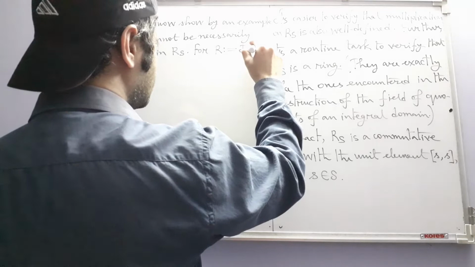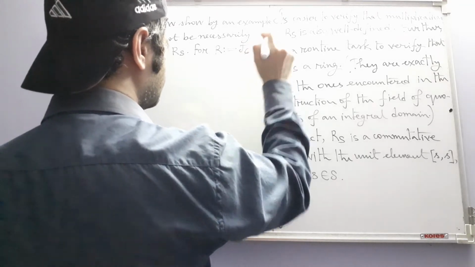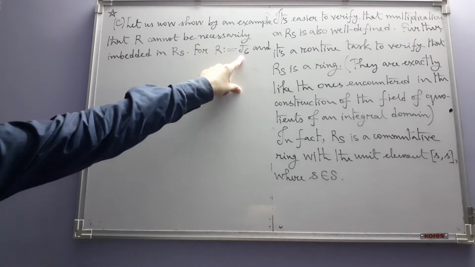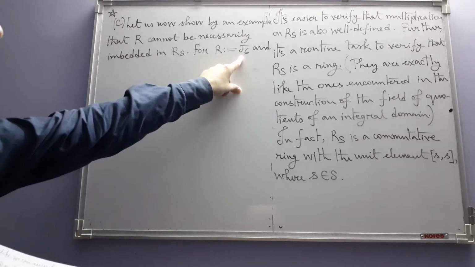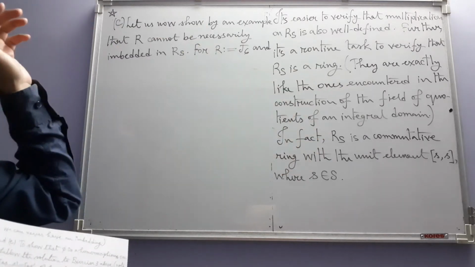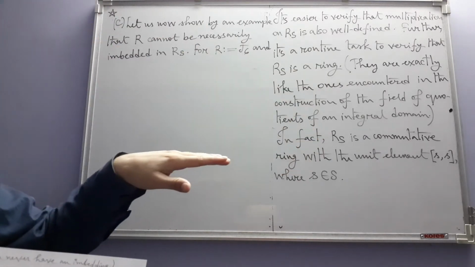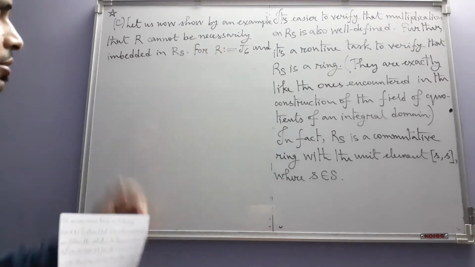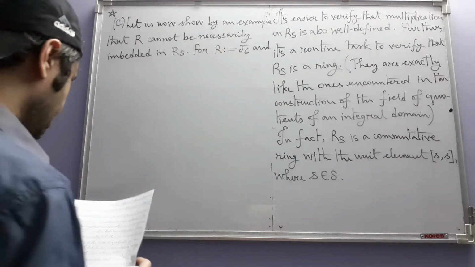For R equal to this, J6 qualifies as a ring for our purpose. Why? Because the ring we took in this exercise is supposed to be a commutative ring with unit element, and J6 is a commutative ring with unit element, so it's okay to take that.